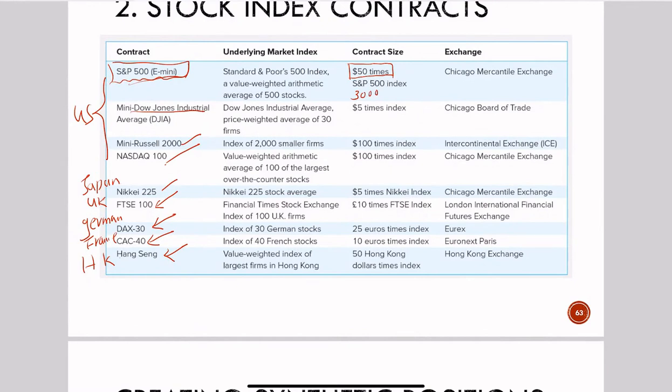Then it means that if we have a multiplier of 50, then the contract size is its current index level 3,000 times 50 multiplier, which is 150,000, right? So this is the contract size per one contract. We have a size of $150,000.